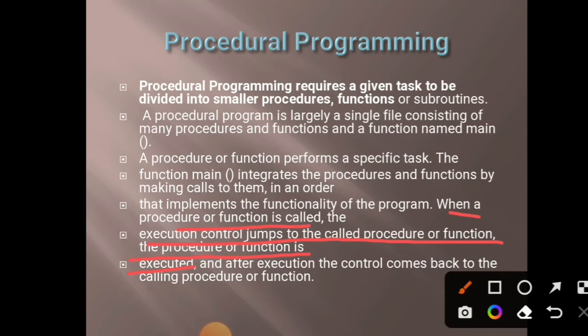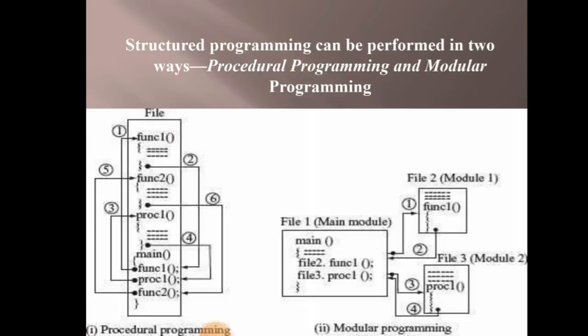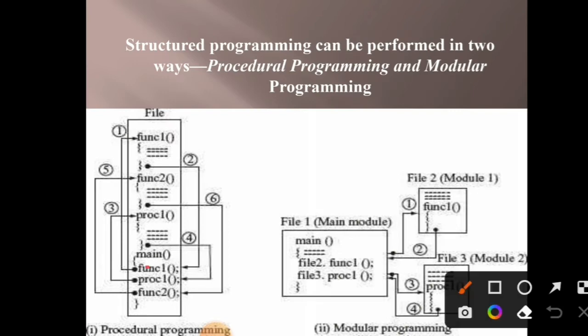After the execution, the control comes back to the calling function. So here function 1 is first executed, this task is performed, and after that the control comes back to the main method. In this way, the procedural program is executed.